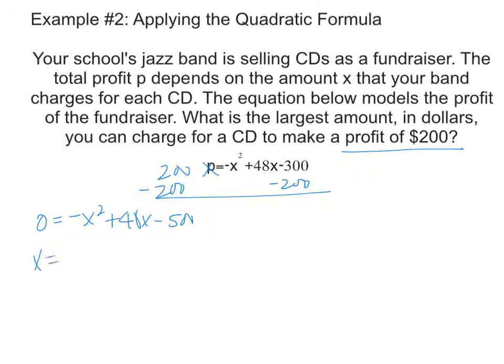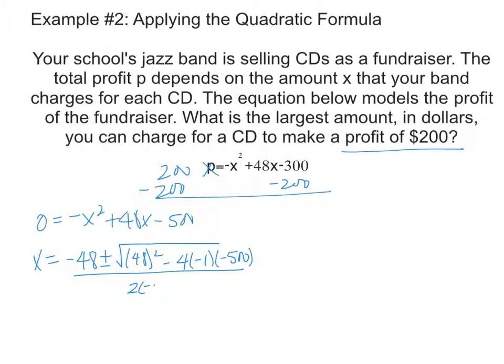So x equals negative B plus or minus the square root of B squared minus 4 times A times C, all over 2A.